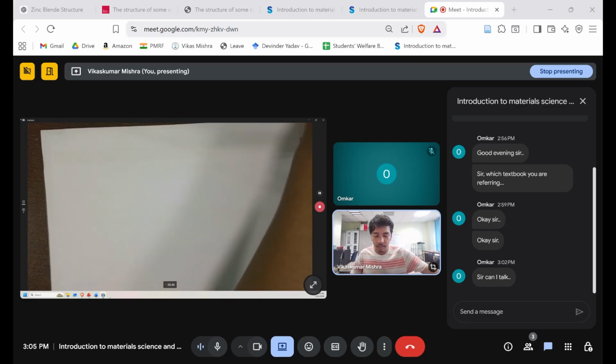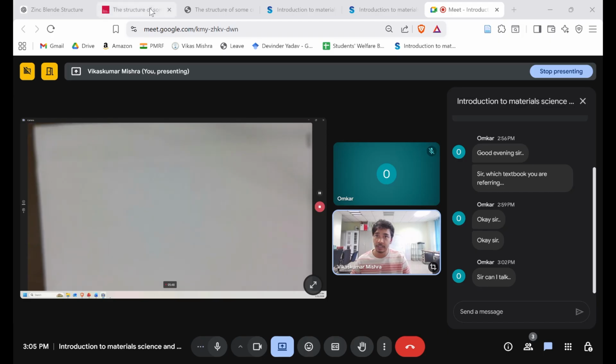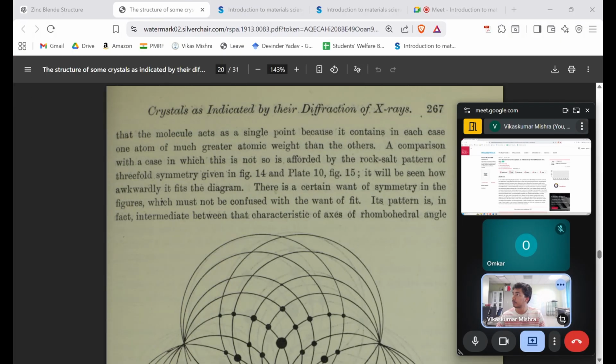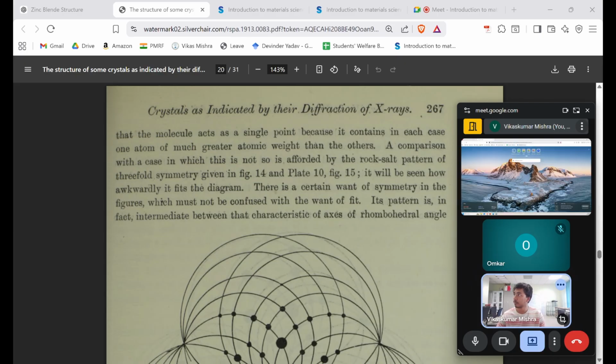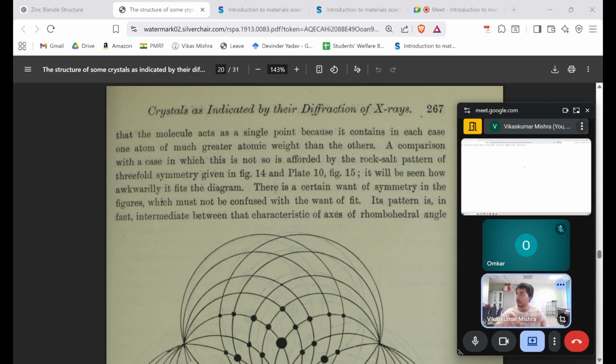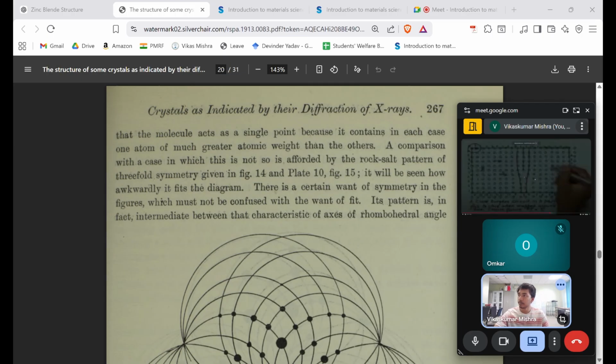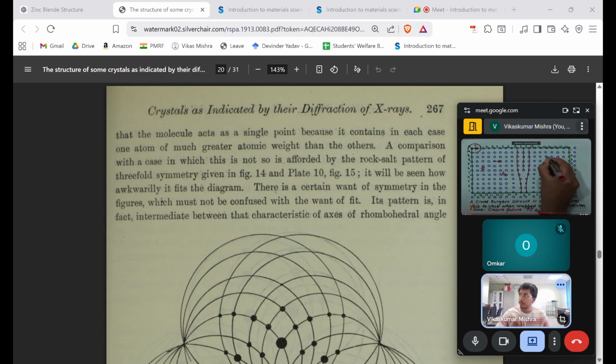Or better, we take the example of what the professor has taught us. Burgers circuit. Yeah.